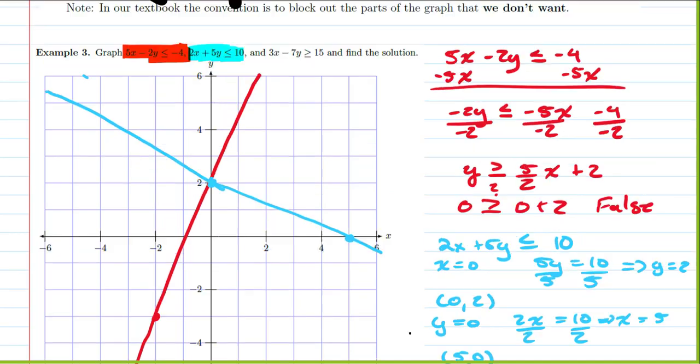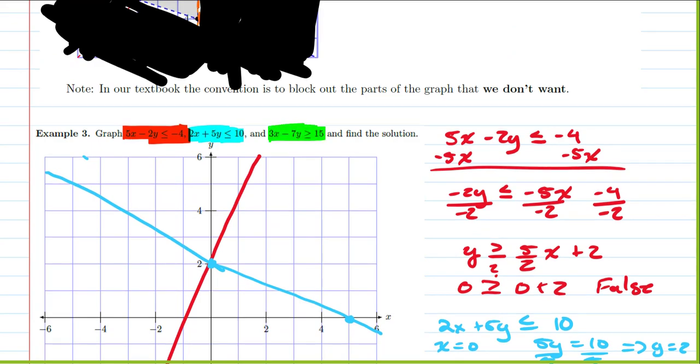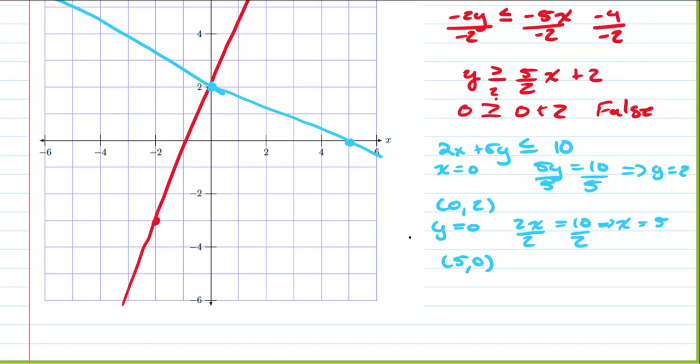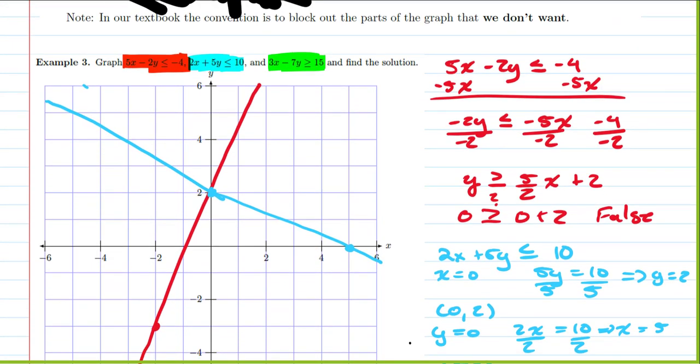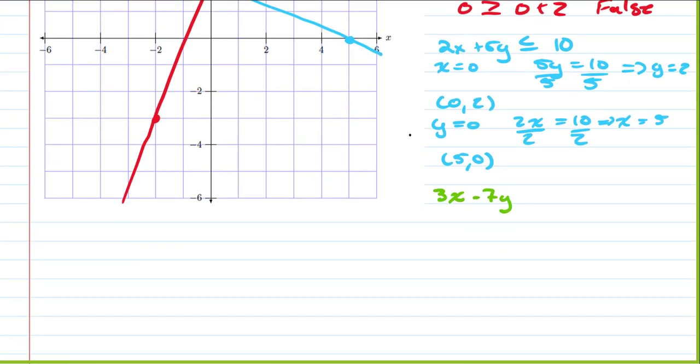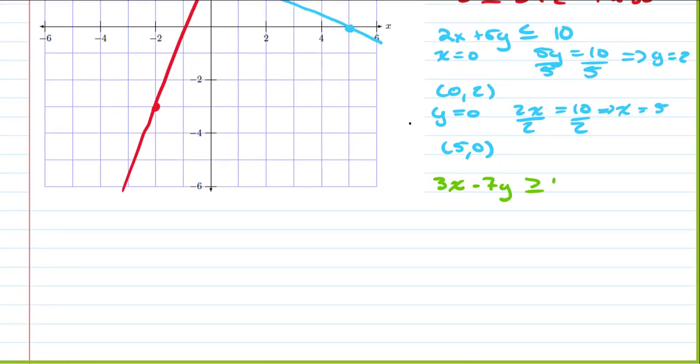Let's get our third one. So in green, our last one is 3x minus 7y is greater than or equal to 15. So in this case, it's not going to be pretty because none of our things divide.